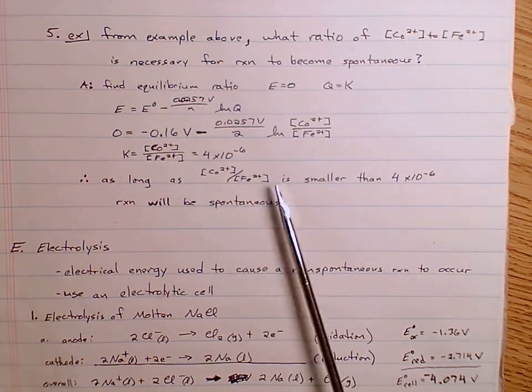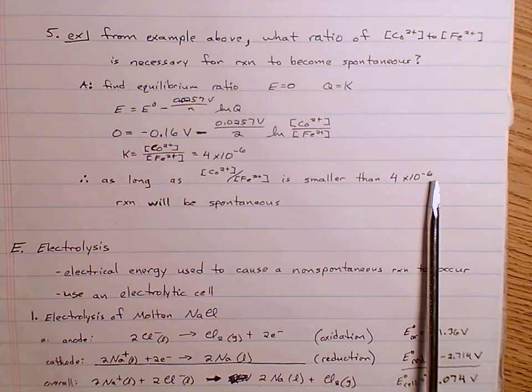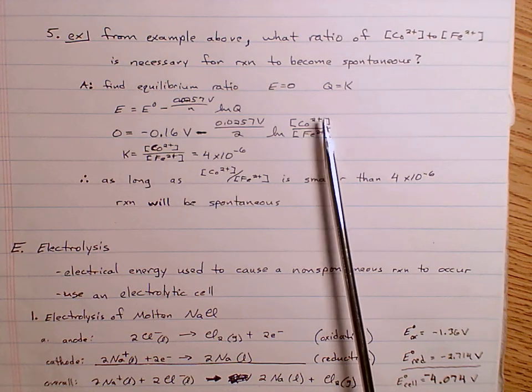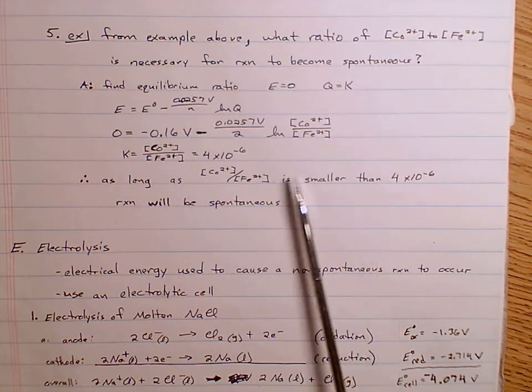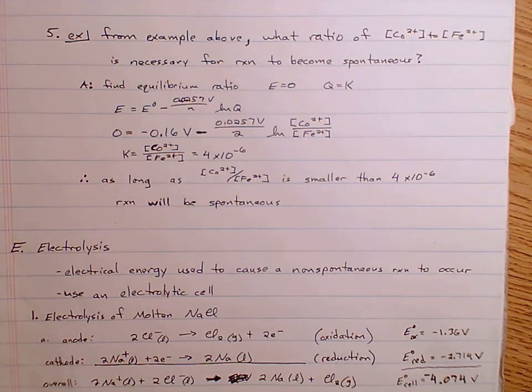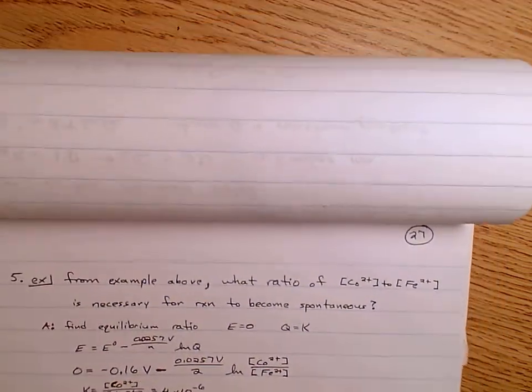So as long as this ratio is smaller than 4 times 10 to the minus 6, we have a lot of iron, less cobalt, the reaction will be spontaneous.